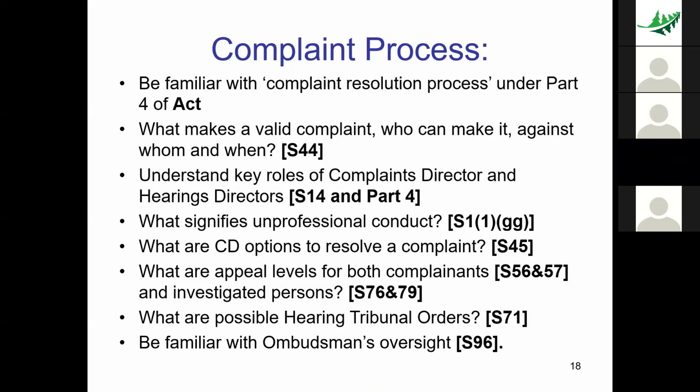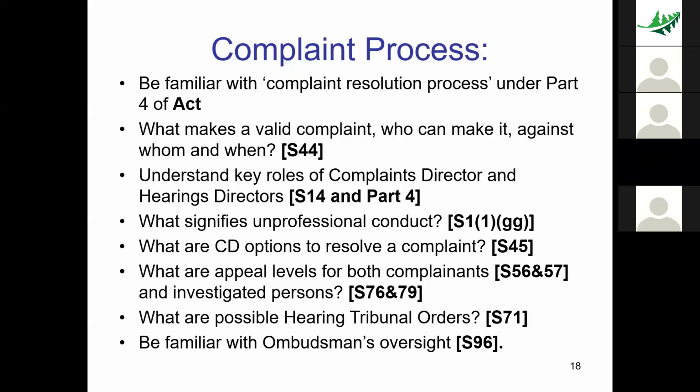What are the appeal levels for both the complainants and the investigated persons? Very important sections. Once a complaint is received by the complaints director, they have a timeline to resolve it and issue how they're going to resolve it and their reasoning. If they're going to dismiss it, they have to give reasons, and usually we have legal counsel involved in that.